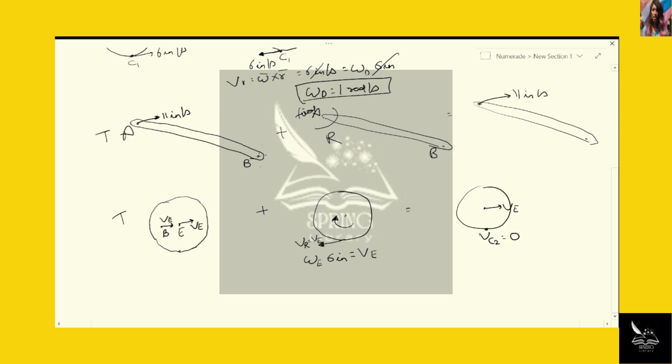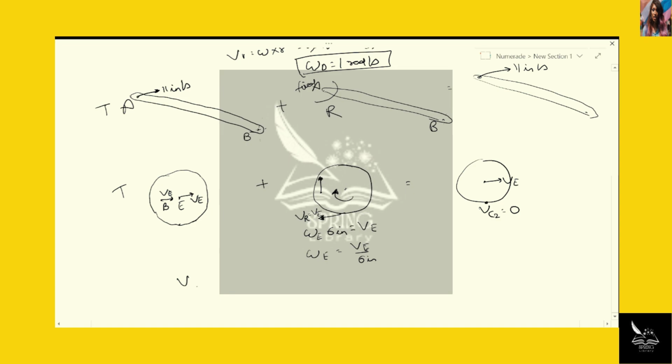So this is one equation, and this gives us omega E, which is VE over 6 inches. Let's just keep the units. And at point B, the rotational velocity, because of this direction, is going to point up.